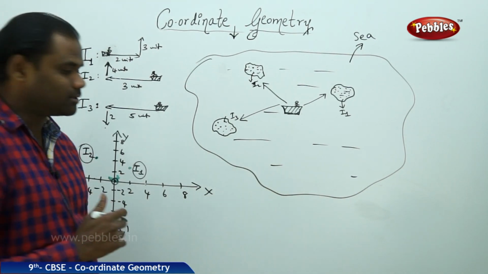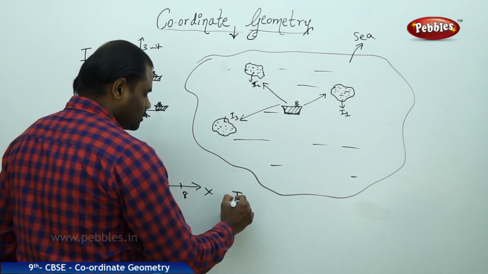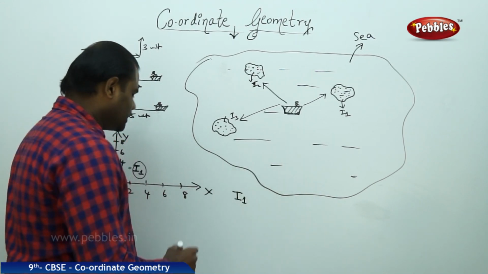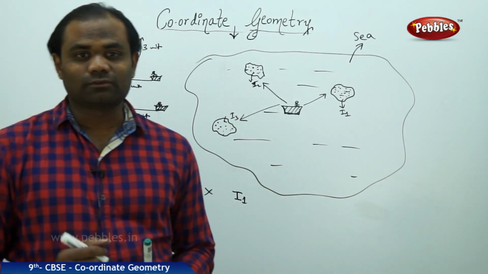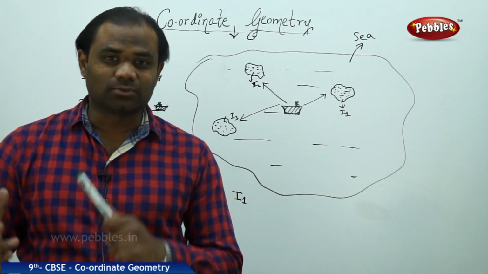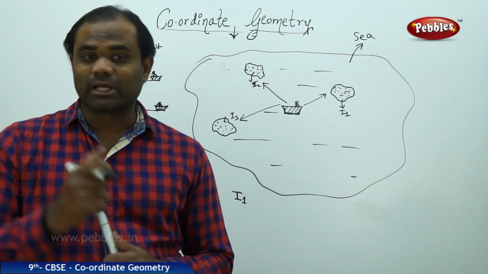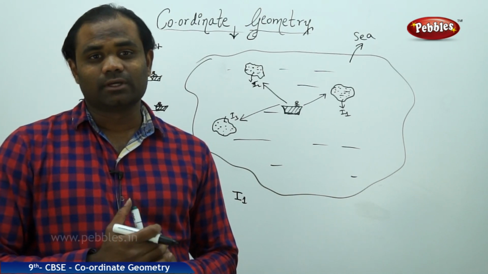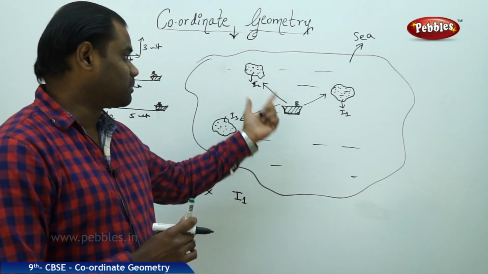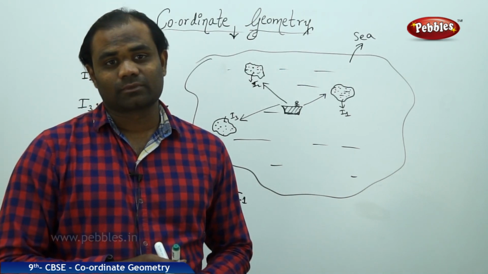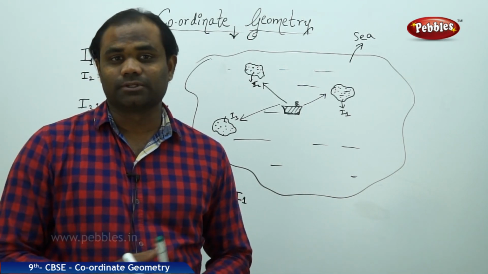Let me first locate the coordinates of I1. Let's see how we can locate each of the coordinates I1, I2 and I3, and then come to the actual puzzle of solving the nearest distance which the ship can reach. Which island would be the nearest to the ship?